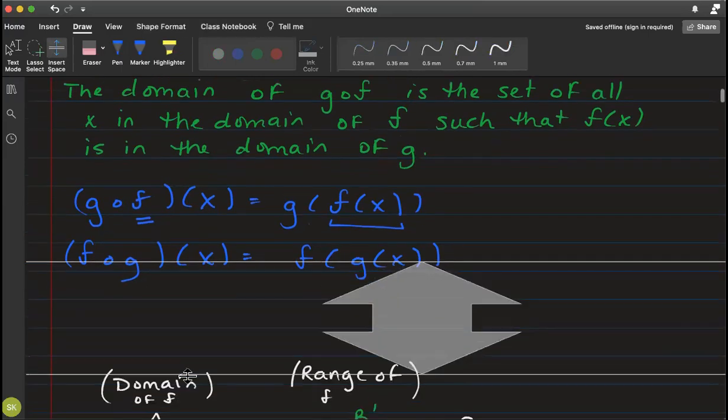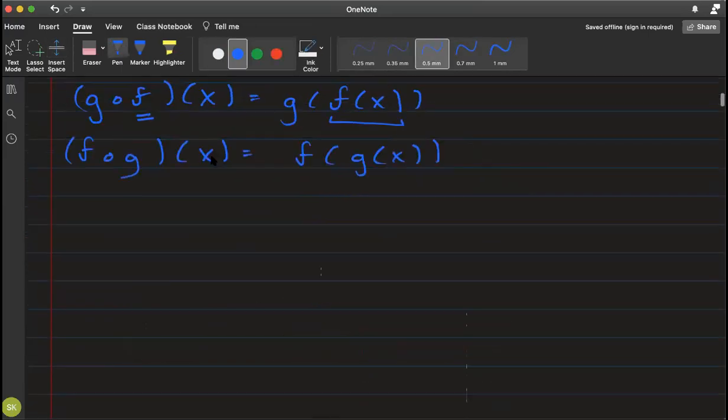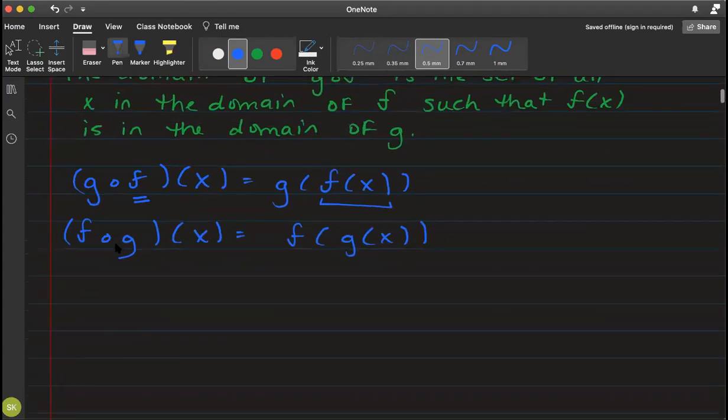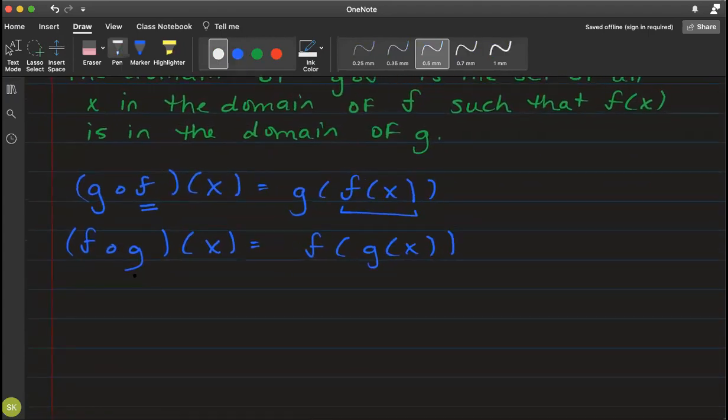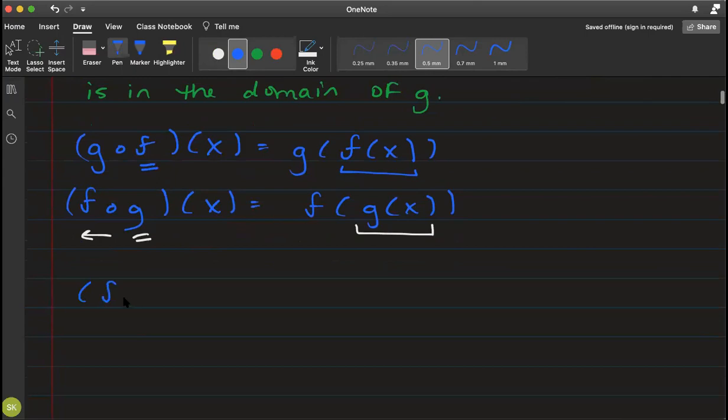And let me just make some more room here. So when I see this one here, this f composed of g, this g here is inside. So we start with the rightmost function, and then we work our way to the left. We have something like f composed of f of x. And what that means is we're plugging f inside f.